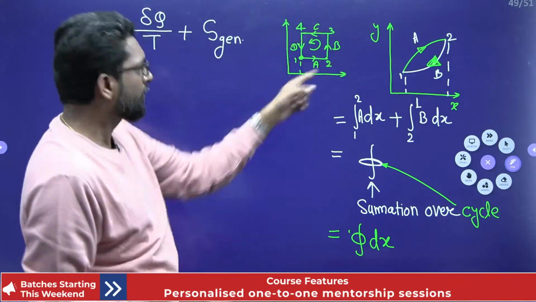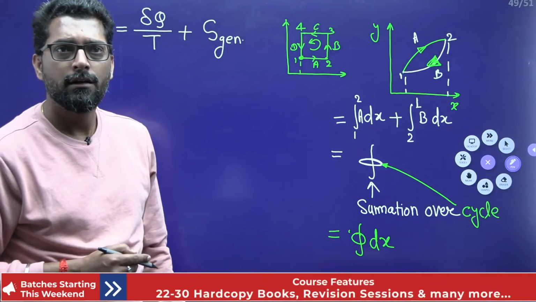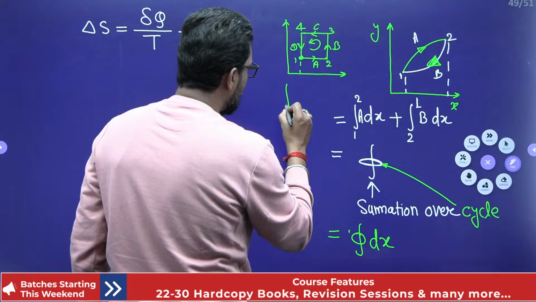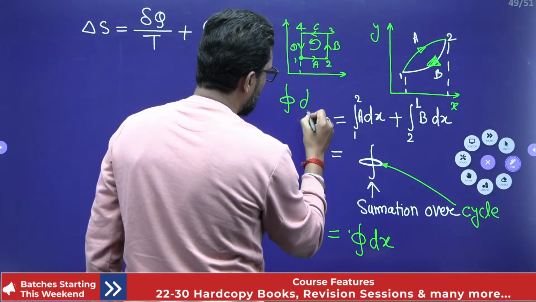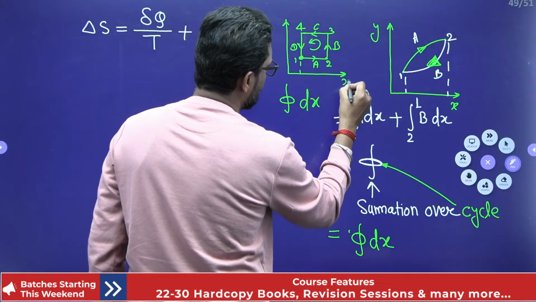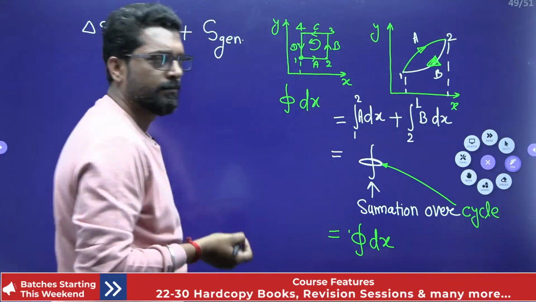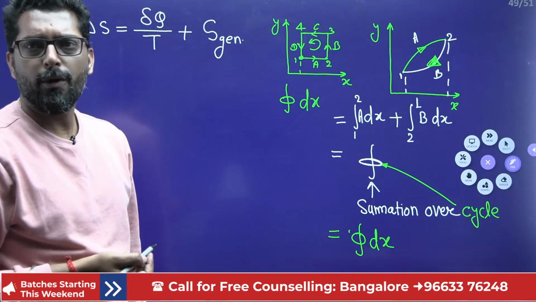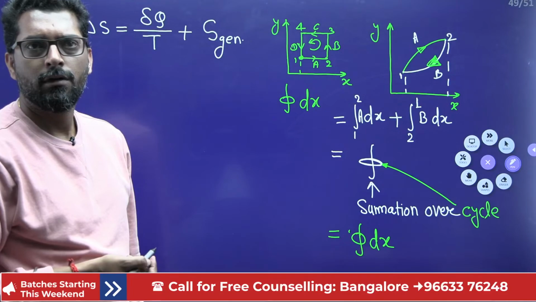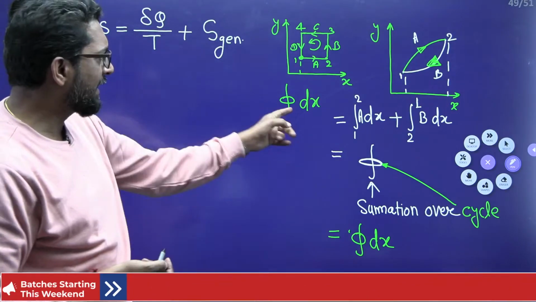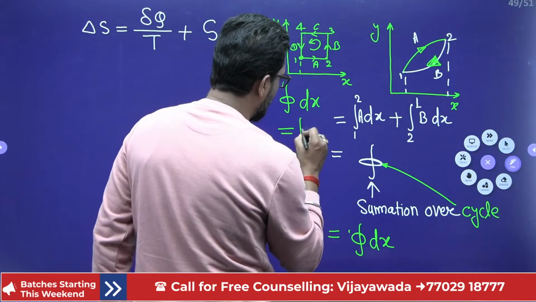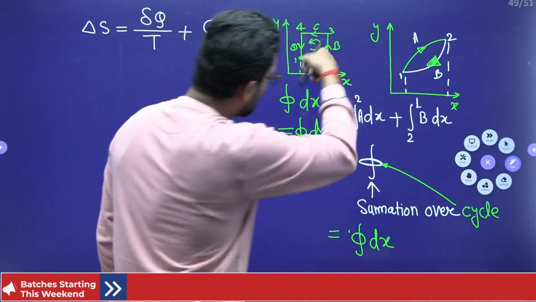And now if you take the total cycle, in this case we can write the cycle of dx. If this is your x, what is the problem? No problem anymore. And that cycle is the same as the cycle integration of dy. Same thing.